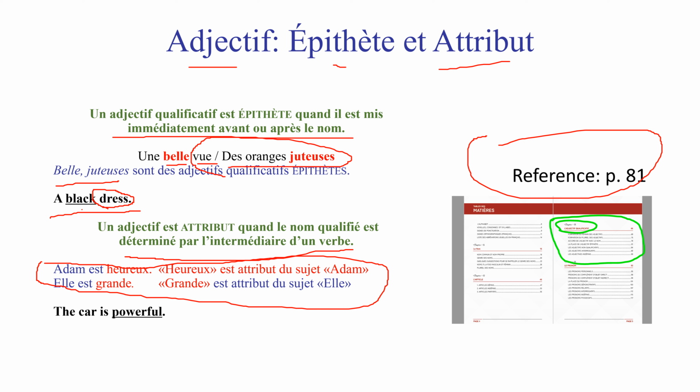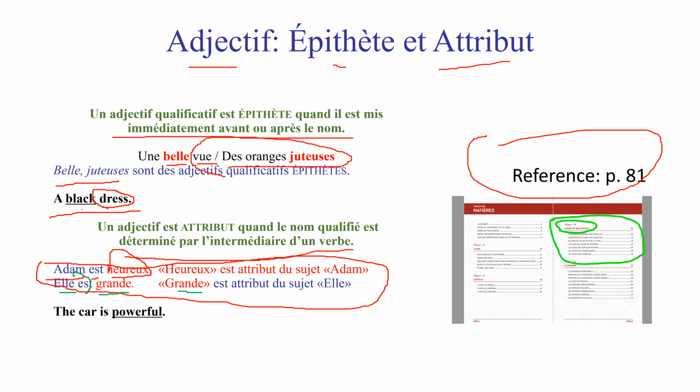Adam est heureux. Adam is the subject. Est is the verb, and heureux here is your adjective. Therefore, heureux est attribut du sujet Adam. Heureux is the attribute of the subject Adam. Elle est grande. Once again, here is your verb and here is your adjective.